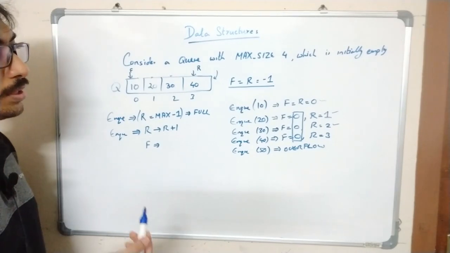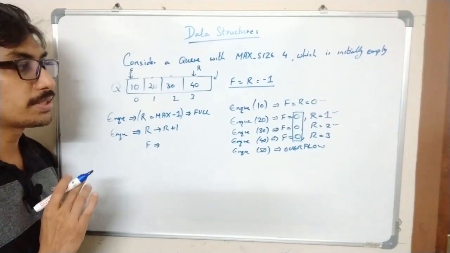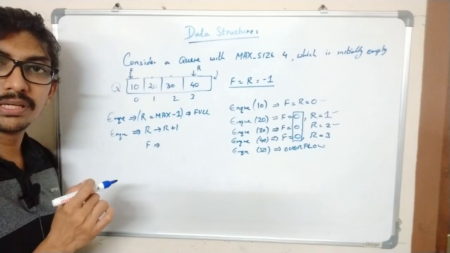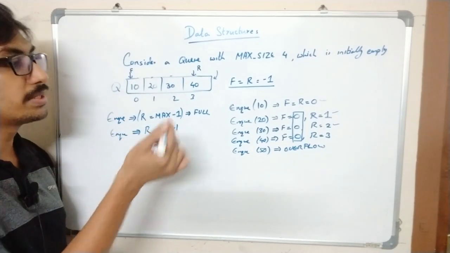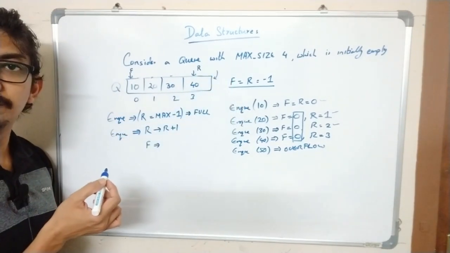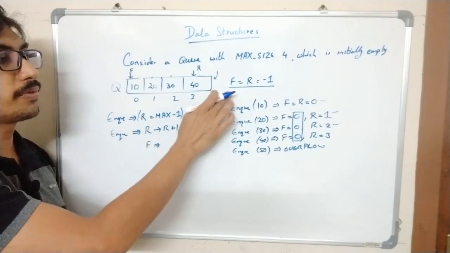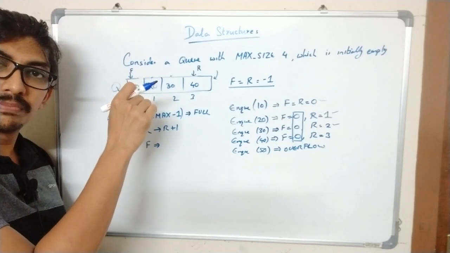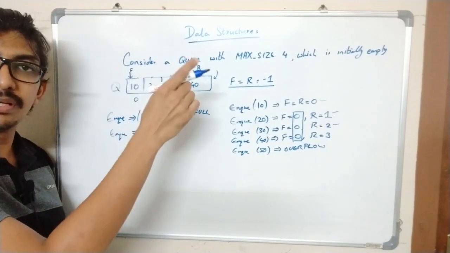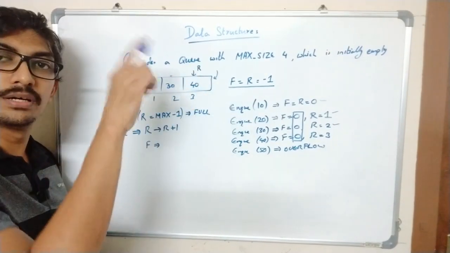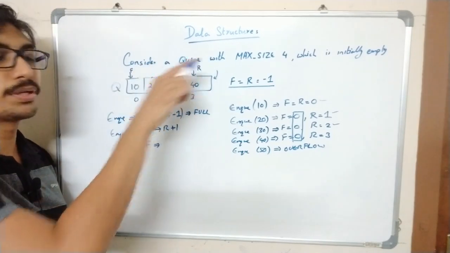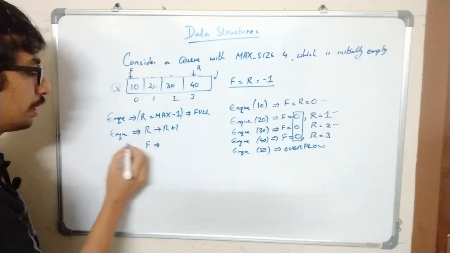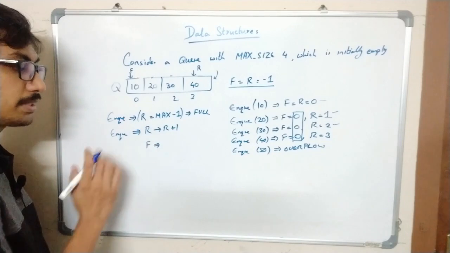Okay. So to generalize, what we can say is that if the queue is empty, a new insertion will change the front pointer as well. Because when the queue is empty, front is minus 1. When the first person arrives, the front is also changing, because now you know that in the queue there is a person, so you are pointing to that person. So normally front remains same.